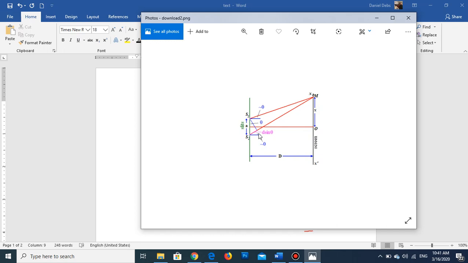So D2 minus D1 is AXM over D. And if you study the path difference at point N, then delta N is equal to AXN over D. Delta O is AXO over D. XM is the abscissa of a point M, and I will remind you that if M is above O, then XM is positive, and if M is below O, then XM is negative.